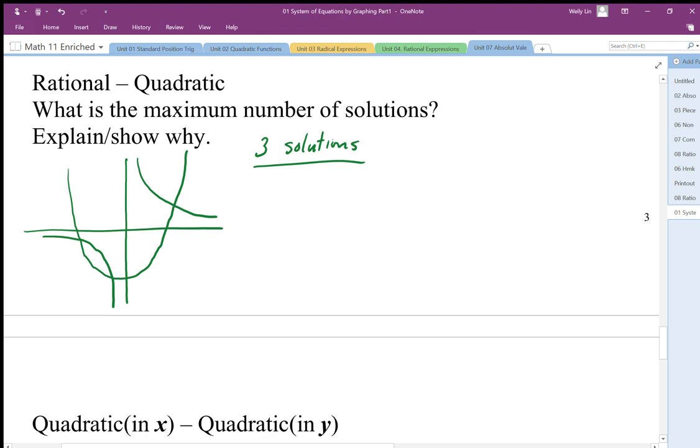And the minimum for the rational quadratic system, we could have something that looks maybe like this.